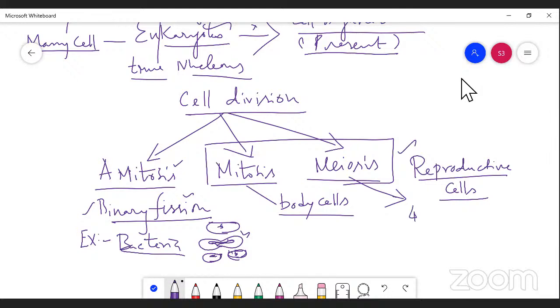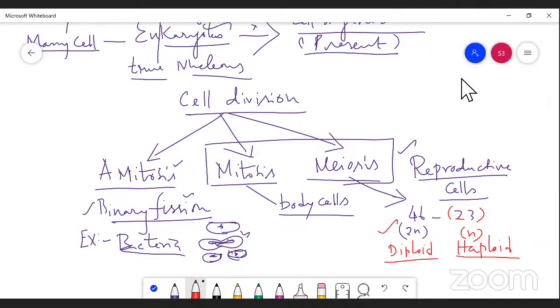For example, 46 chromosomes are reduced to 23 chromosomes. So the 2n condition and the n condition: the diploid condition and then the haploid condition.